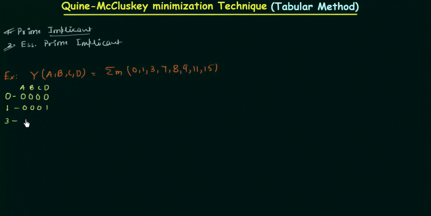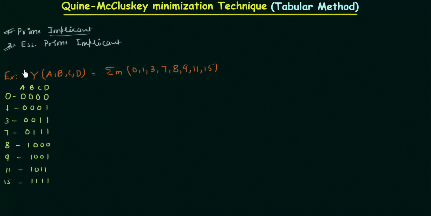For 3, we have 0, 0, 1, 1. For 7, 0, 1, 1, 1. 8 is 1, 0, 0, 0. 9 is 1, 0, 0, 1. 11 is 1, 0, 1, 1. And 15 is of course 1, 1, 1, 1. So these are the binary equivalents for the minterms given.